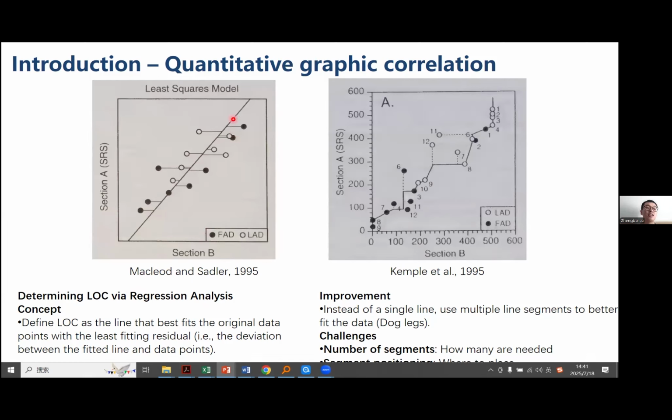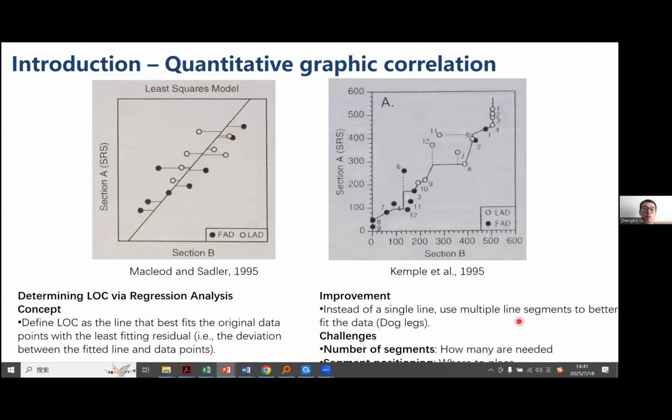In other words, the deviation between the line of correlation, the fitting line, and the data points would be the least. However, this method can only generate a single straight line, which is nearly impossible in the real sedimentation rate, because we know that the slope of the LOC represents the accumulation rate, which cannot be always unchanged throughout the time.